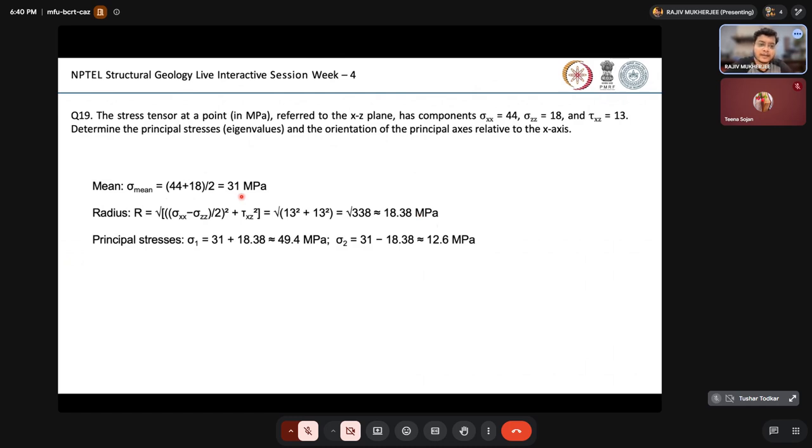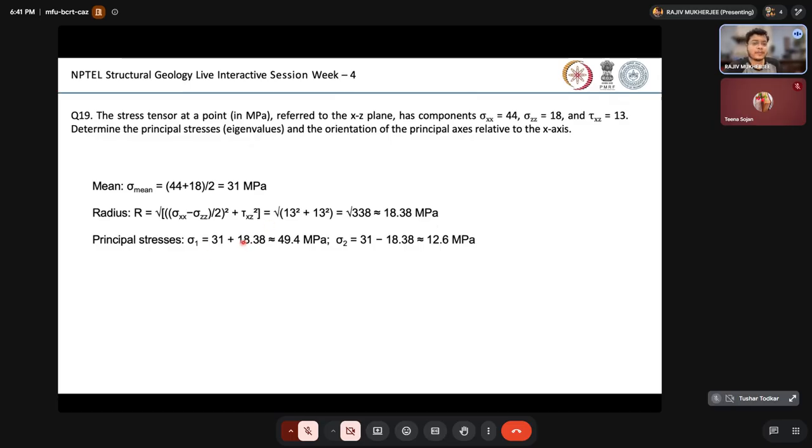In the Mohr circle the y-axis will be the shear stress and the x-axis will be the normal stress, right? So you calculate the maximum shear stress component and the given component to calculate the effective radius of the circle. And then you calculate the principal stresses based on the circle.